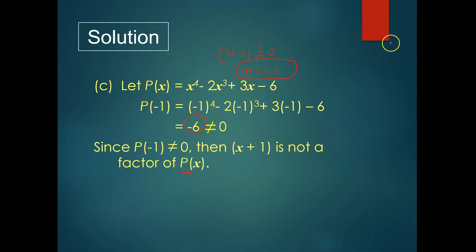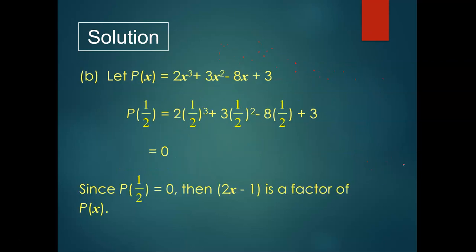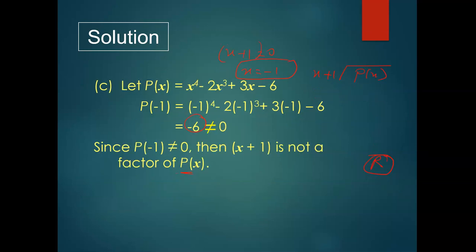In other words, when you do long division, P(x) divided by x + 1, you will end up with a remainder. But for the one that is a factor, 2x + 1, when you do long division, you will end up with no remainder, it is 0. So we can say that, sorry, this one is minus, 2x - 1 is a factor.